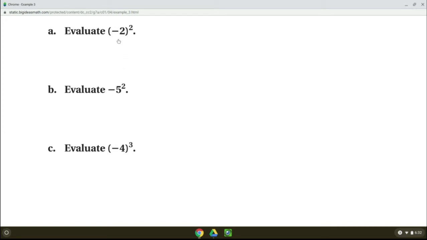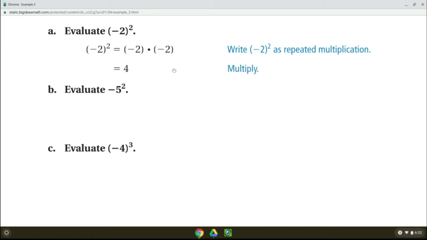So what that means is this whole thing, the negative 2, is your base raised to the second power. So negative 2 to the second power is equal to negative 2 times negative 2. So 2 times 2 is 4, and then a negative times a negative is a positive. So the answer here is 4.